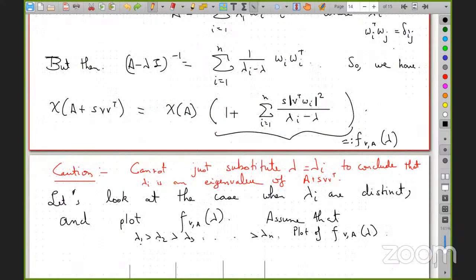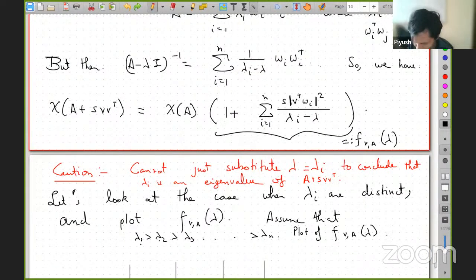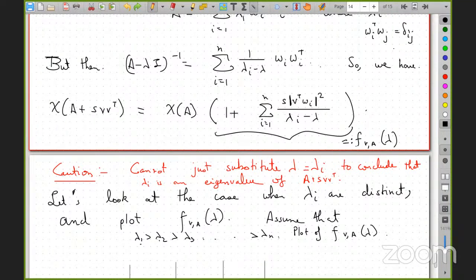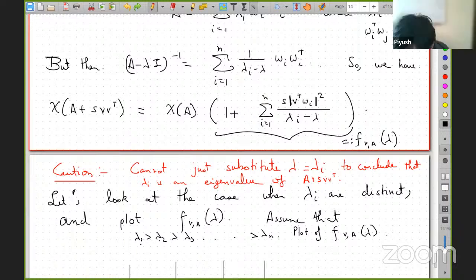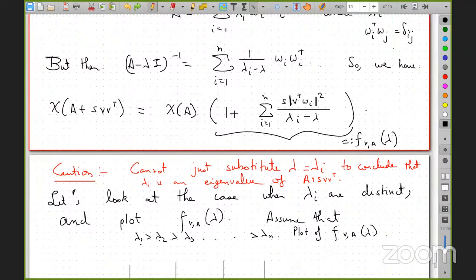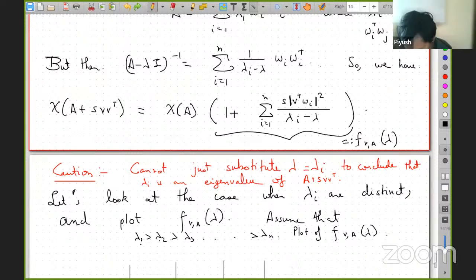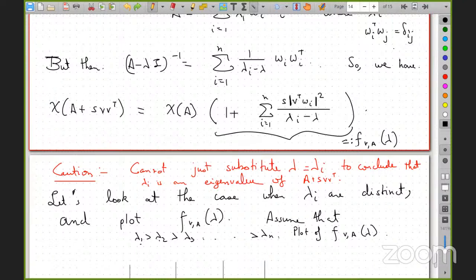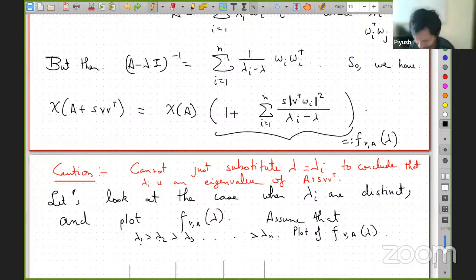Yeah, so it's 1 plus the sum over i going from 1 to n, with different positive numbers on top, and each term looks like something over lambda i minus lambda. This is almost like the tan function: close to the axis it will behave from plus infinity to minus infinity.